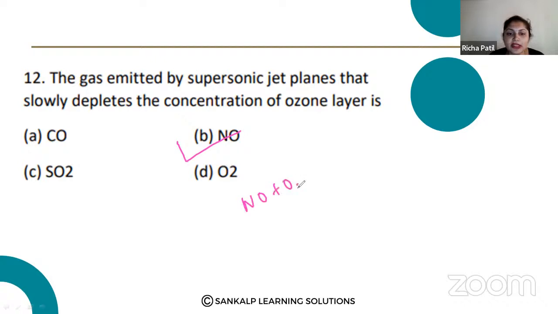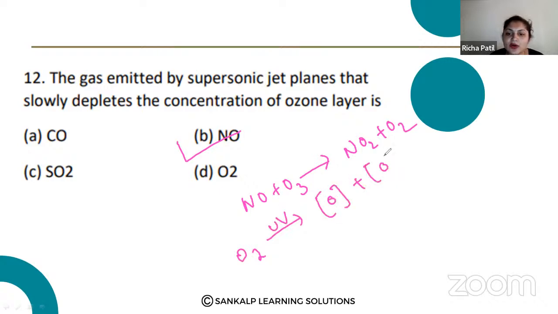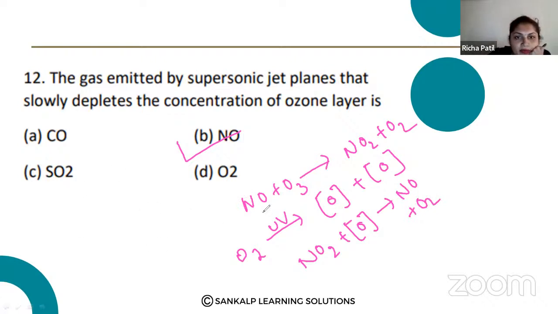NO plus O3 gives NO2 plus O2. Then the O2 in the presence of UV forms two nascent oxygen. Now this NO2 plus nascent oxygen gives you NO plus O2. So it is option B.